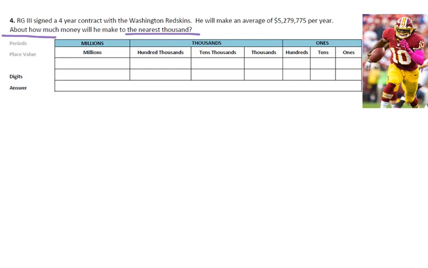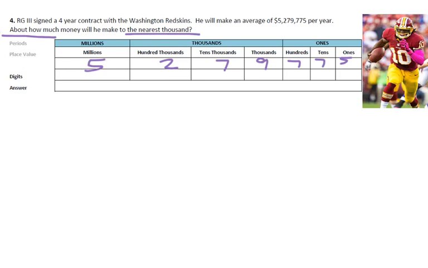Okay? So I'm going to first build this number in my place value chart. Okay, so I built out the digits. I always start with my ones place when I build it out. And then I'm rounding to the nearest 1,000.